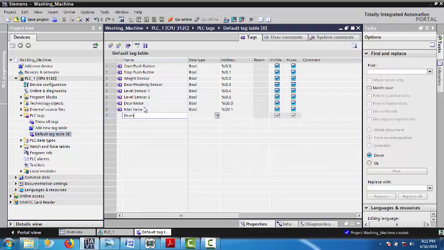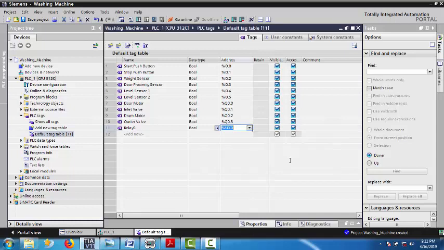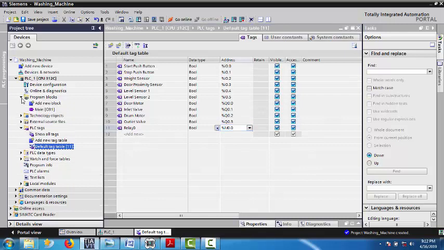Then there will be the drum motor which actually rotates the drum, and there will be an outlet valve. Okay, so all the outputs are done, so we'll start with the relay. Remember, relay is M 0.0. Just as input is I, output is Q, relay is M. Okay, so we will start with the actual programming part.